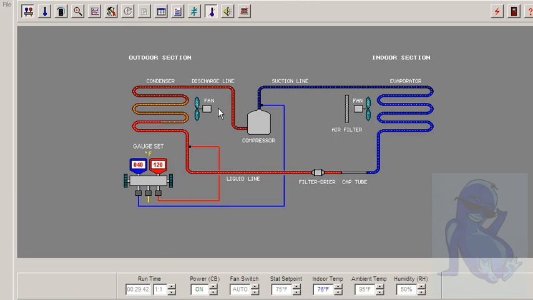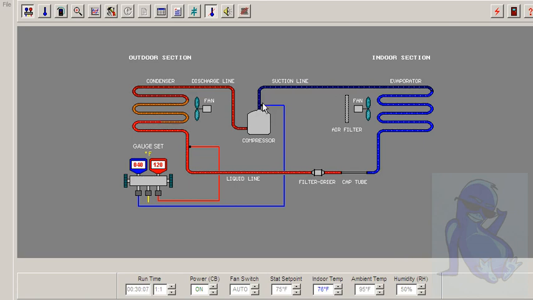So let's talk about superheat and subcooling. What do we mean by superheat? Superheat is the temperature that we measure right off the suction line. We're outside at the condenser unit. We have our multimeter with a temperature probe, or some way of taking temperature right off the pipe. This is the larger of the two pipes.